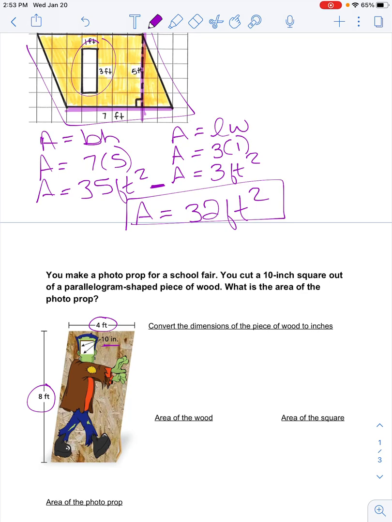You make a photo prop for a school fair. You cut out a 10-inch square out of the parallelogram-shaped piece of wood. What is the area of the photo prop? So we have to find the area of the big parallelogram and then take out the area that is not shaded, that 10 by 10.